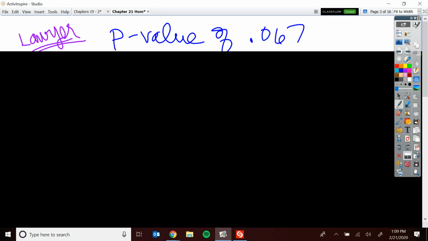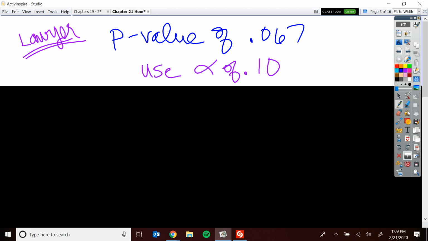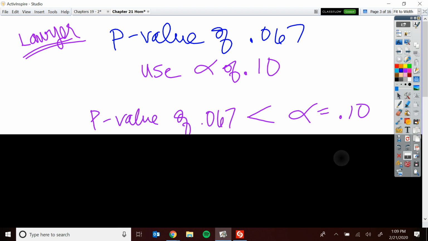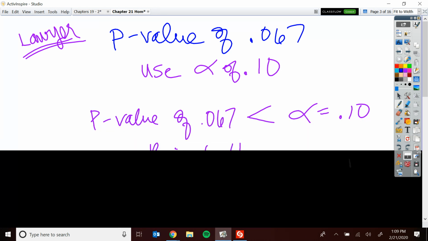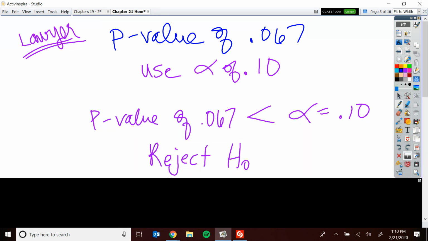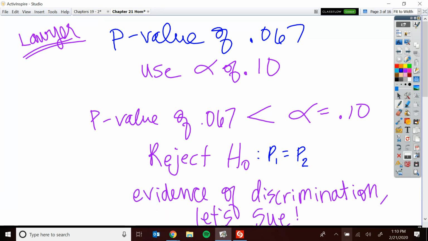Well, let's have the same p-value, 0.067. Use an alpha of 0.10. What happens now? Reject the null hypothesis that says P1 equals P2. The null hypothesis says no discrimination, and then we say we have evidence of discrimination. Let's take them to court.